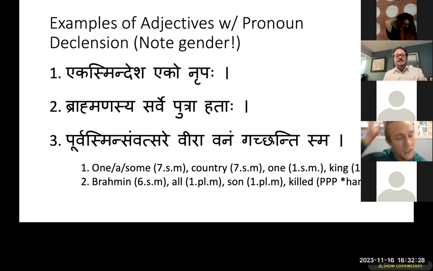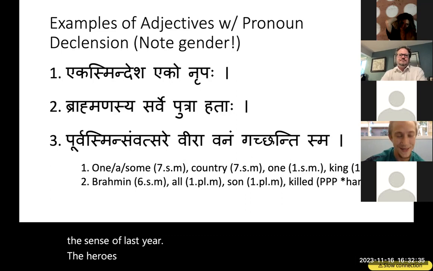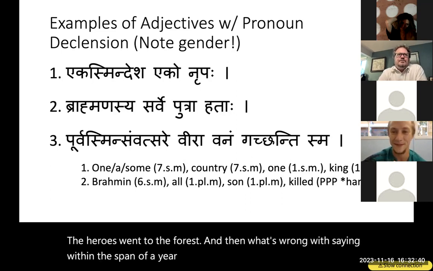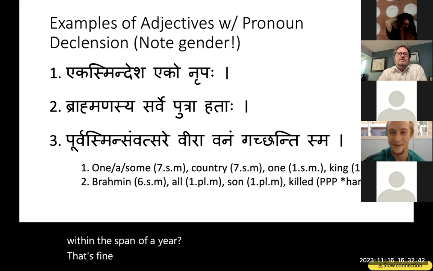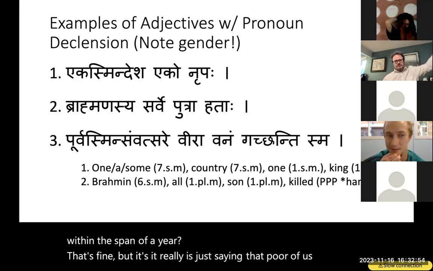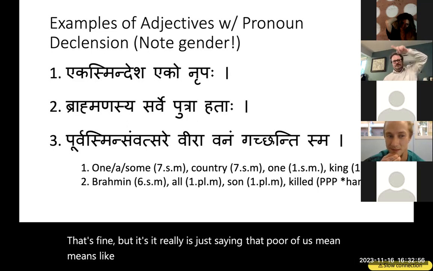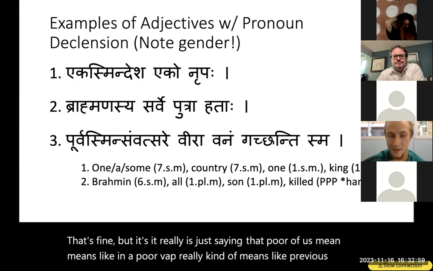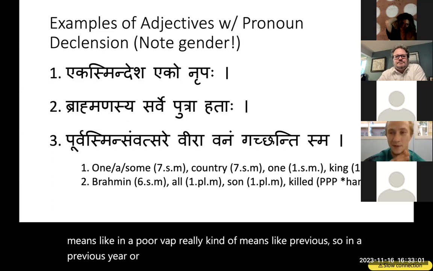You can just translate it as in the time of, so in the sense of last year, the heroes went to the forest. So then what's wrong with saying within the span of a year? That's fine, but purva really means previous. So in a previous year or last year, the heroes went to the forest. Okay. So it wasn't even for the duration of a year.